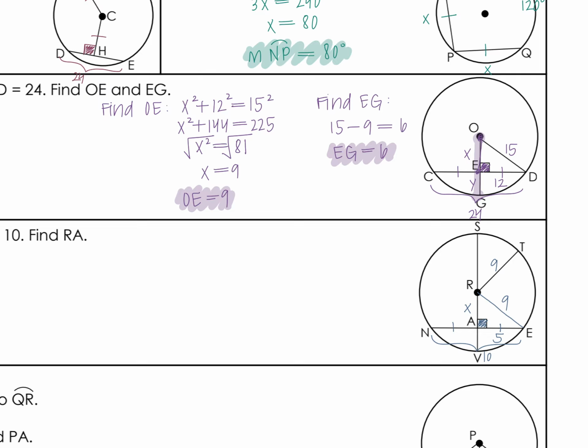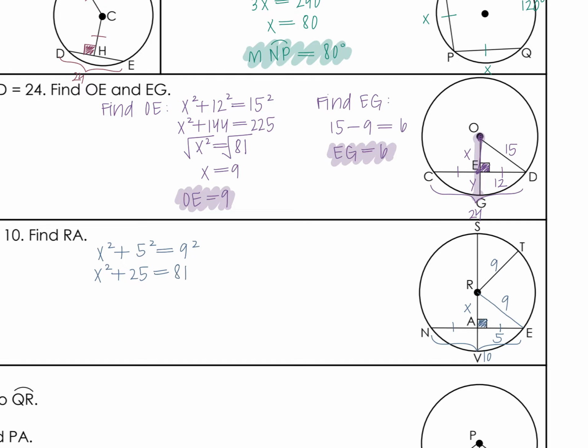Now I can solve for X using the Pythagorean theorem. So we'll have X squared plus 5 squared is equal to 9 squared. When I square everything, I'm going to get 25 and 81.